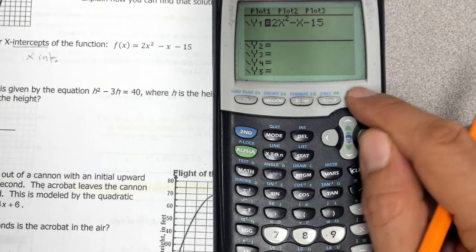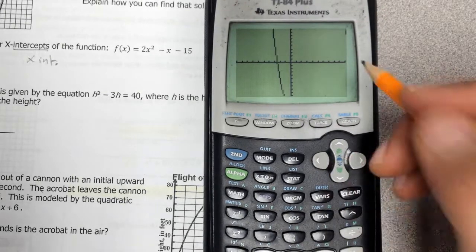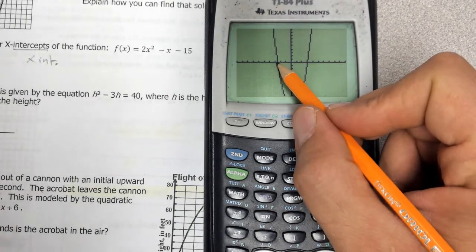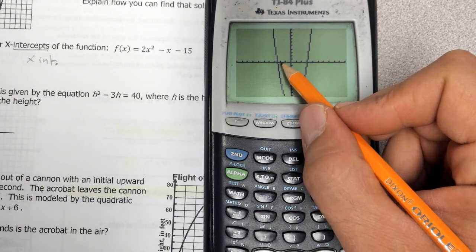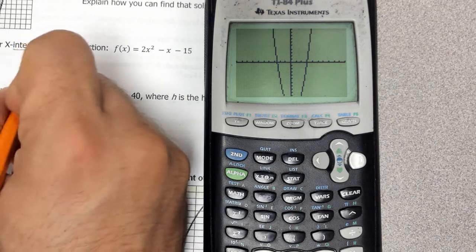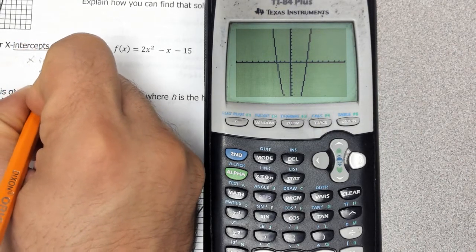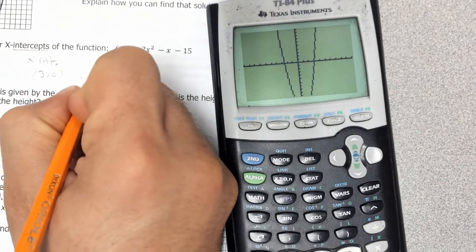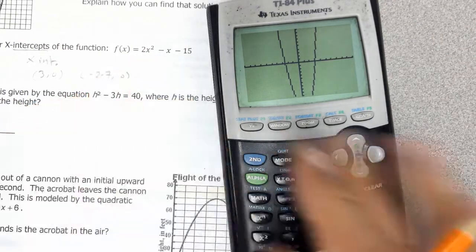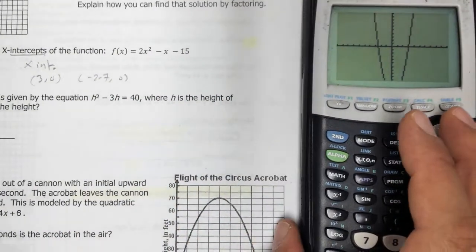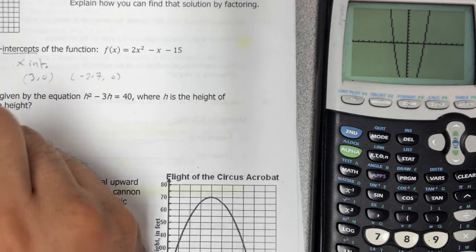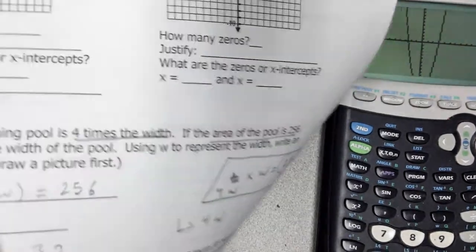If you just graph it, they're right here and right here. Now again, this is a multiple choice test. You can tell this is a 3, and it's like negative 2.7. If you look on the multiple choice test and it says negative 2.8, that's pretty close. I'll take that. Again, this is another word problem, just like this one right here.